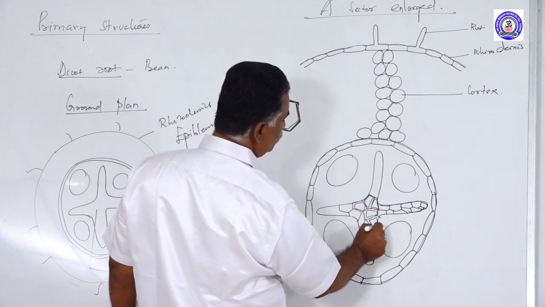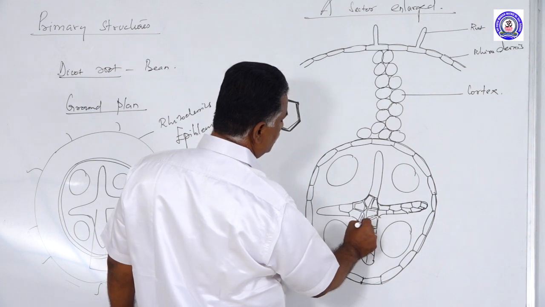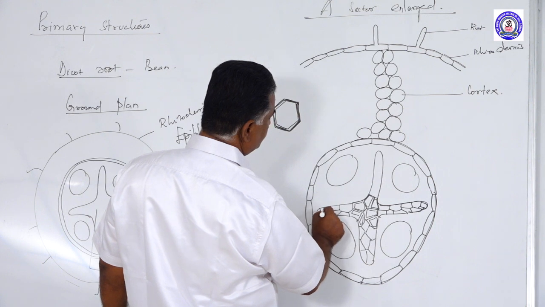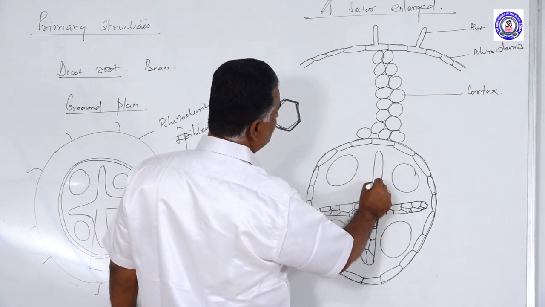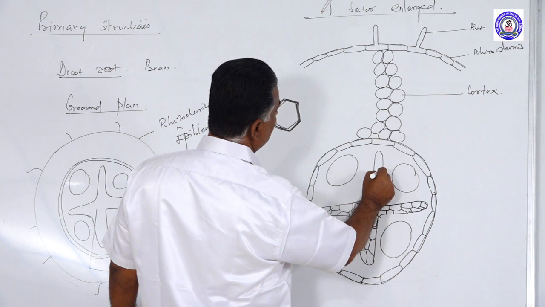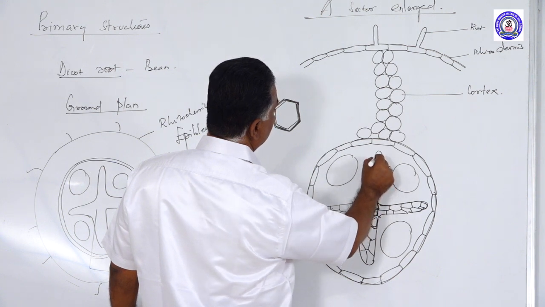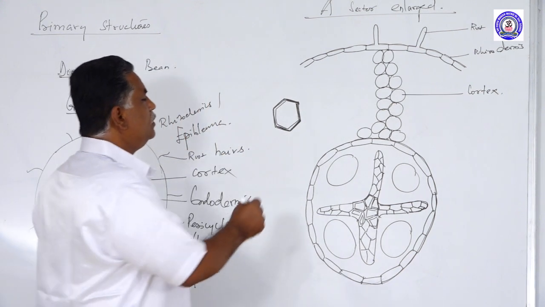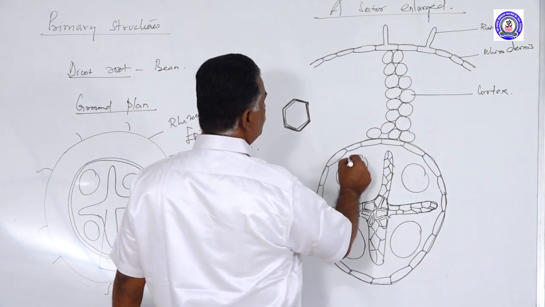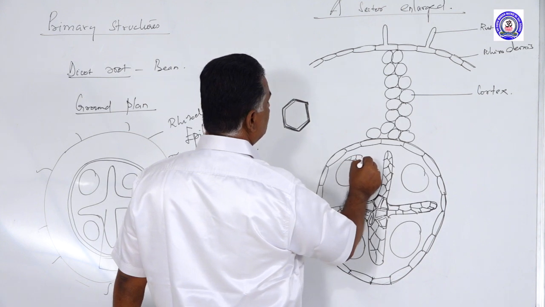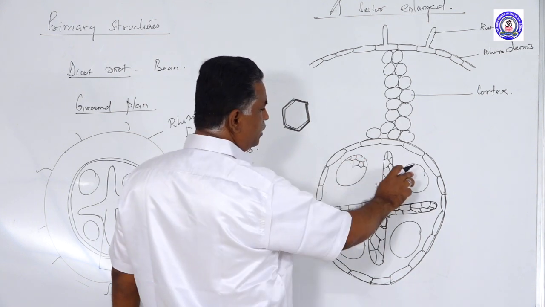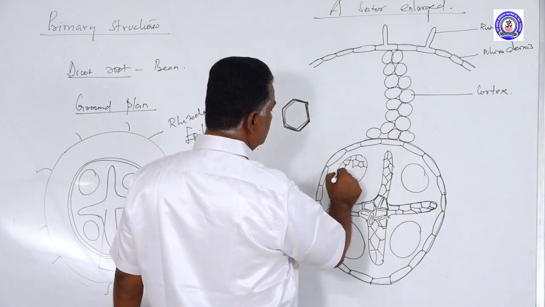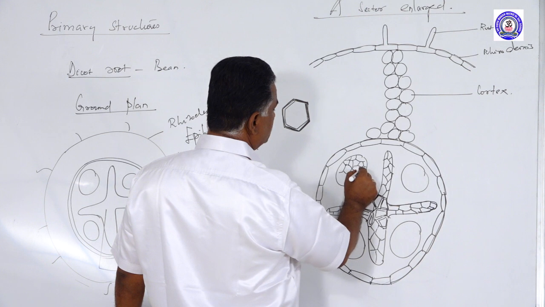So it can be extended to all places. I draw only a single line here. This is protoxylem towards the periphery, towards the center, metaxylem. And this is phloem. Phloem is made up of thin-walled cells. I think I need not draw these 3. And these are all the same condition as it is.